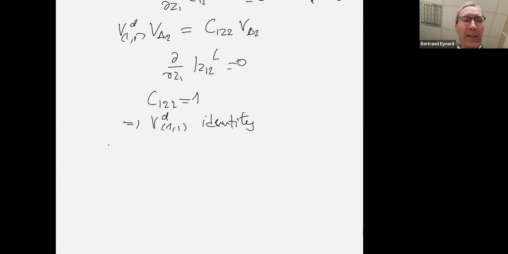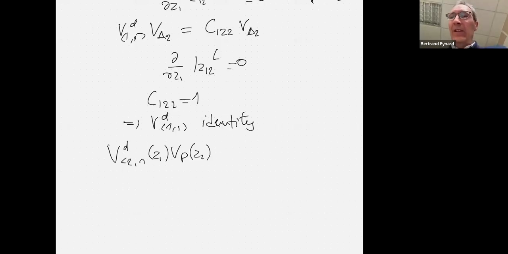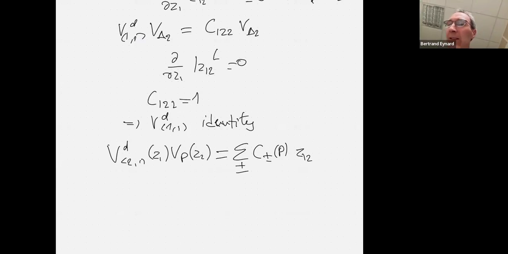So if we have VD21 of Z1, let's consider the OPE with a primary field VP of Z2 with momentum P. And now I'm not giving you the details, but the idea is that you get only two primary fields which can appear in this OPE with some structure constant C plus minus 1 of P. So there is Z12 to the power plus minus beta P plus 1 minus beta squared over 2, always with the modulus squared.